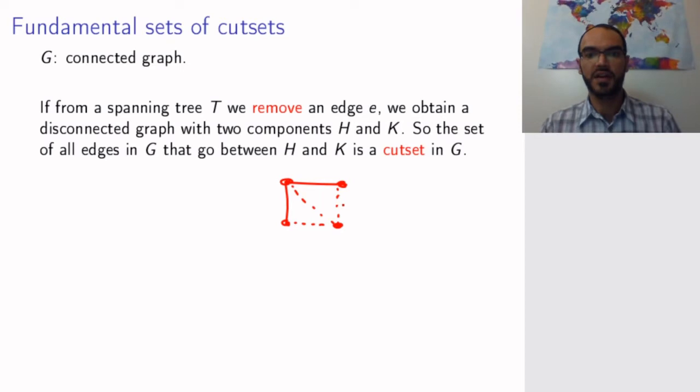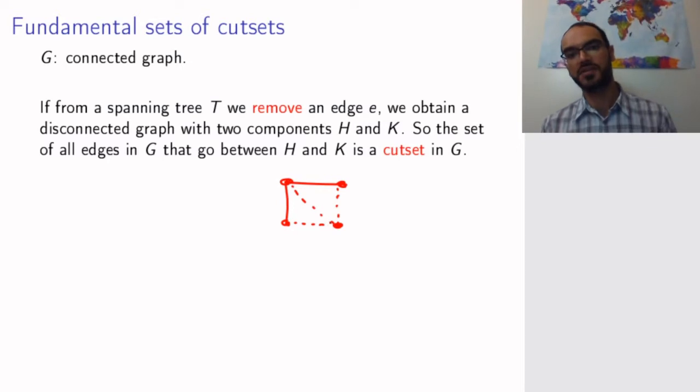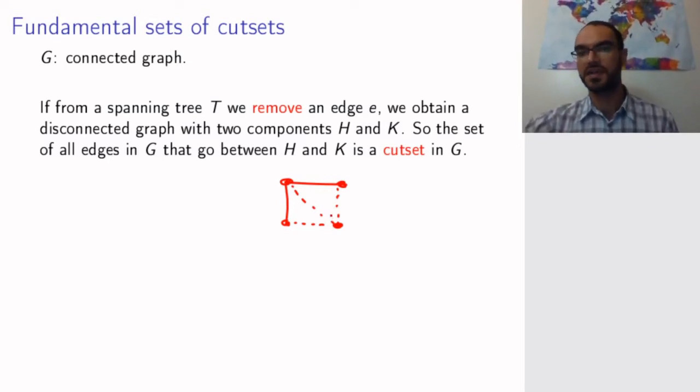Why is that? Well, because removing it disconnects the graph, and if I remove any subset of it, so if I leave one of these edges, then I will have a tree because I have just the required number of edges and no cycles.